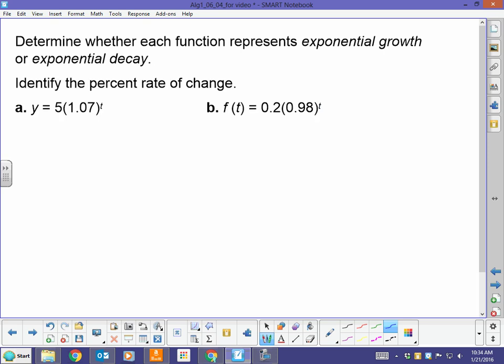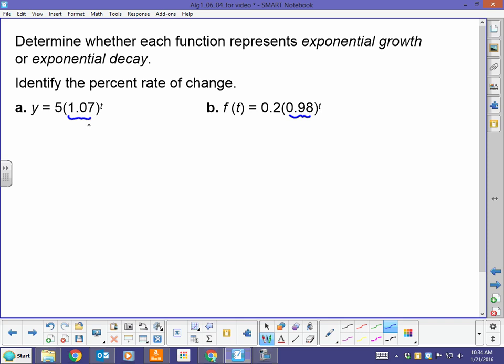We want to look at some examples here where we're determining whether a function is growth or decay. Just looking at these, this is pretty easy to do because the exponents of t are the same here. The exponent doesn't change anything, so we're looking at this factor here.